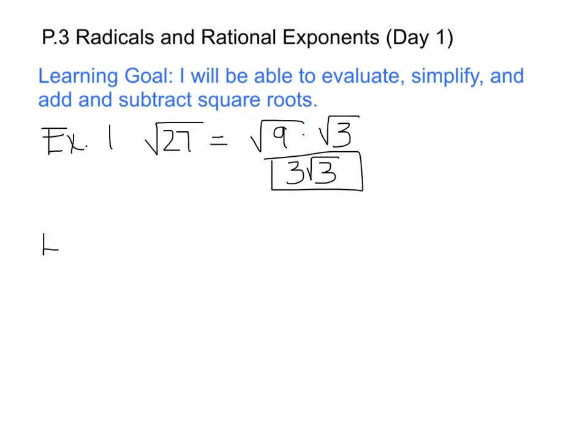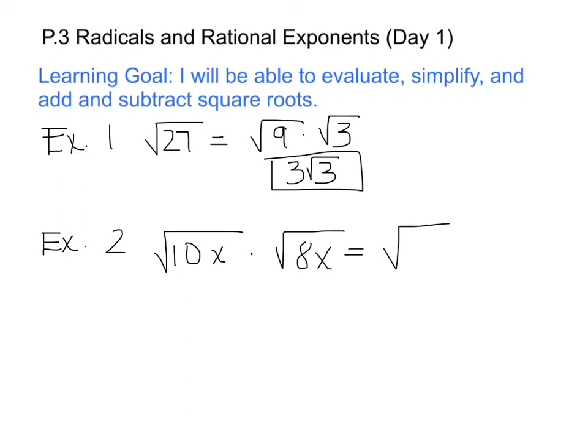And sometimes you may get something like this, where you would have to multiply them first before you simplify it. Okay, so square root of 80 is the square root of 16 times the square root of 5.